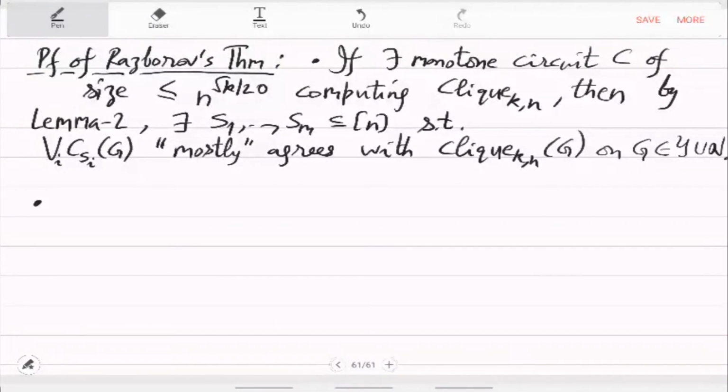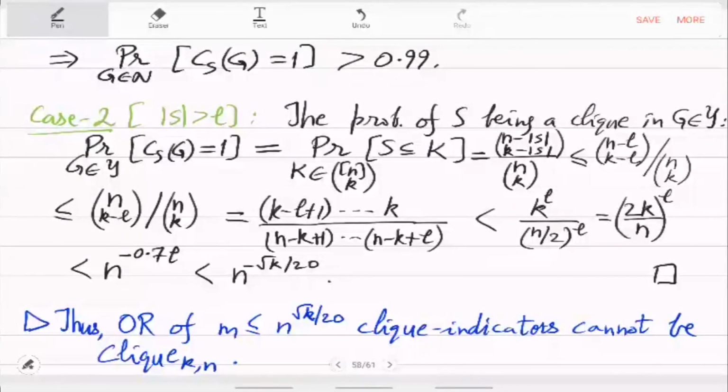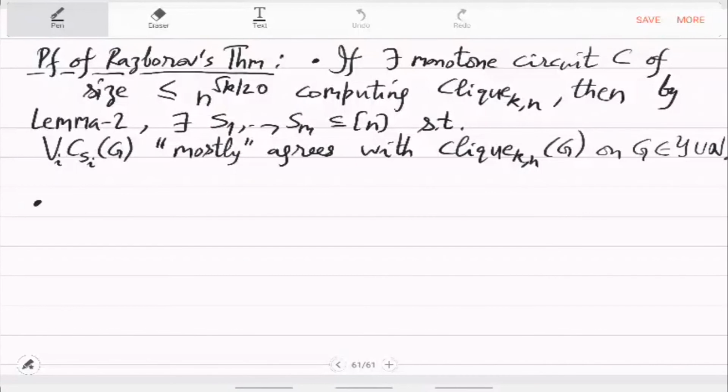But now go to lemma 1. In lemma 1, it was shown that whenever the OR of indicators agrees with clique, there have to be a lot of indicators. Compare with the error probability of 1% that you got. The match cannot be more than 1%. That is what lemma 1 said.